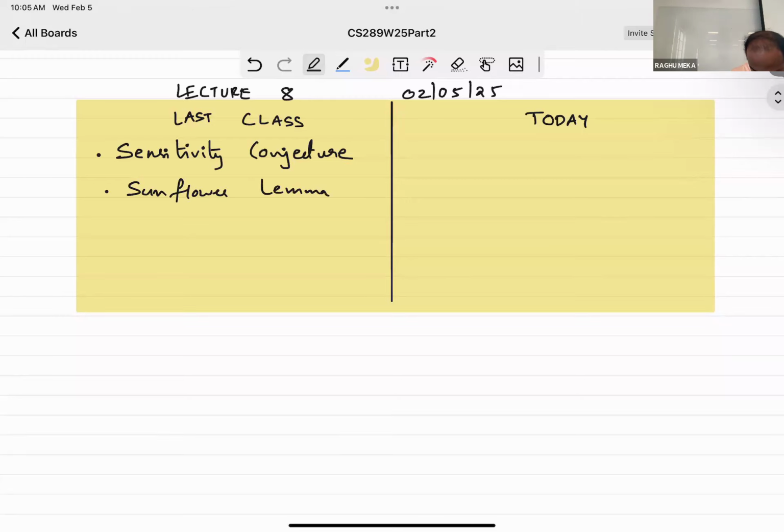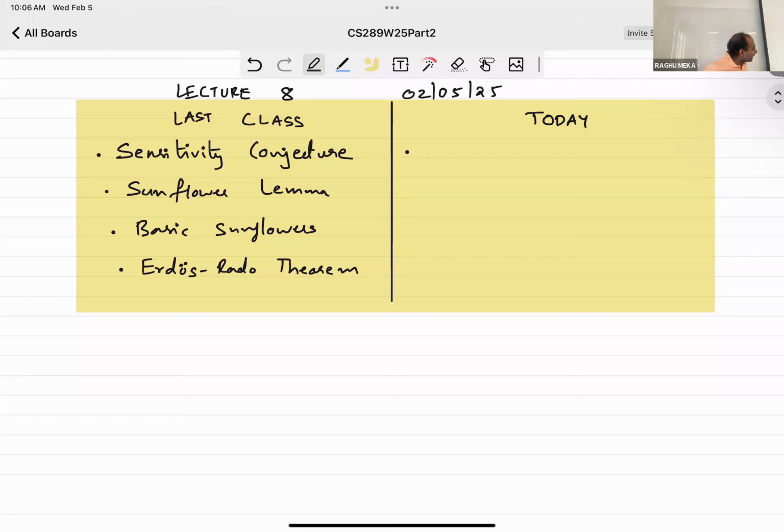In some sense, we defined the basic sunflower set, the combination, and also looked at the Erdős-Rado theorem. Okay. So today, what I'm going to do is kind of revisit this proof.